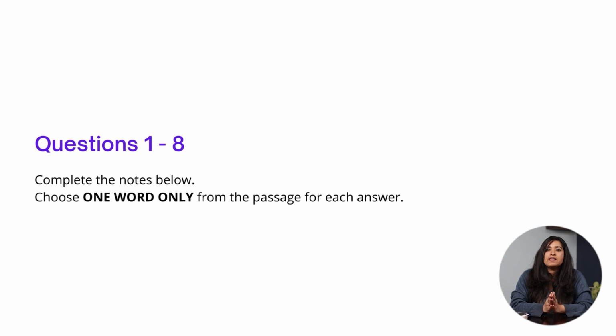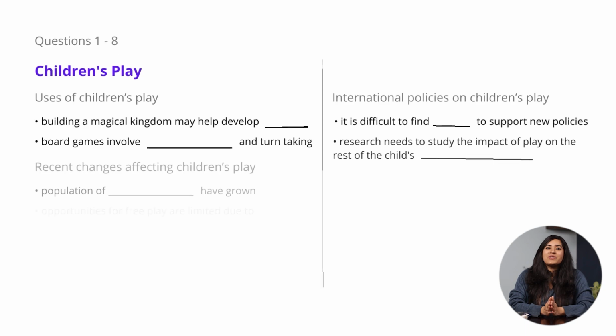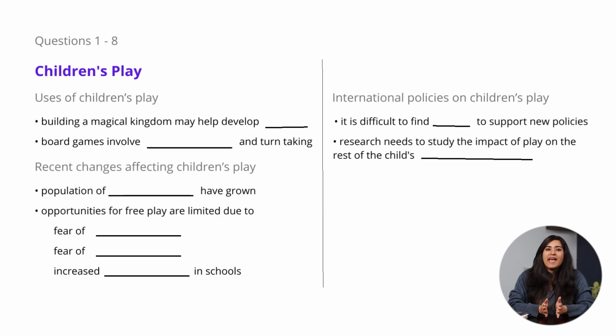Now here we can see that this question type is short answer questions. Moving on to questions 1 to 8, I'm going to go ahead and underline any keywords that I might think will help me find the answer in the paragraphs. Question 1, Magical Kingdom, stands out to me because it's already in inverted commas, and also I'm going to underline help develop.